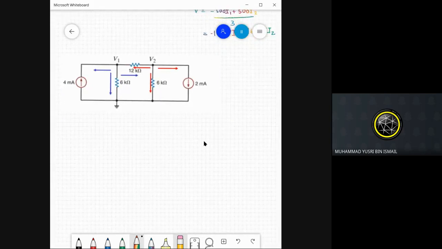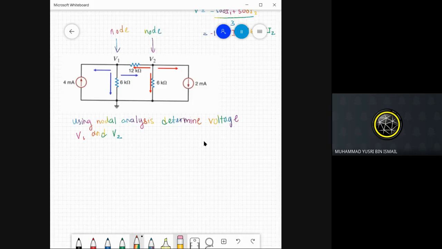Determine using nodal analysis the voltages V1 and V. Okay, try to do it on your own based on the instruction that I gave you previously. You can ask me, no problem.